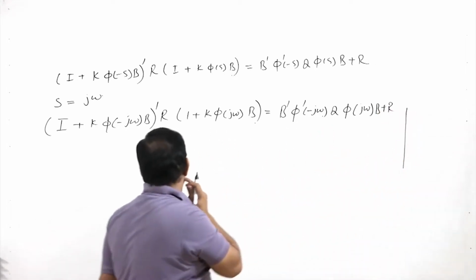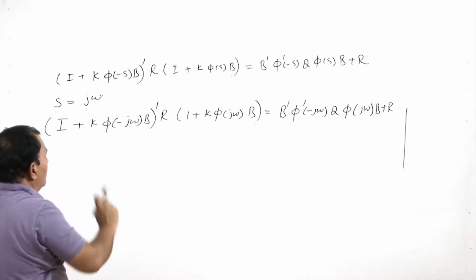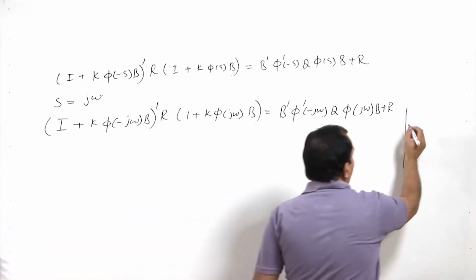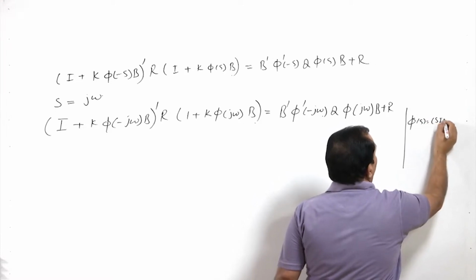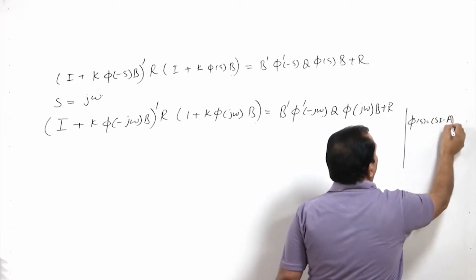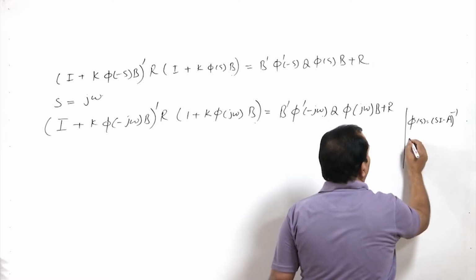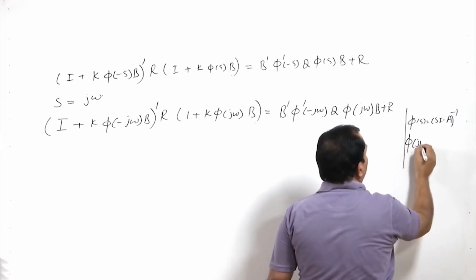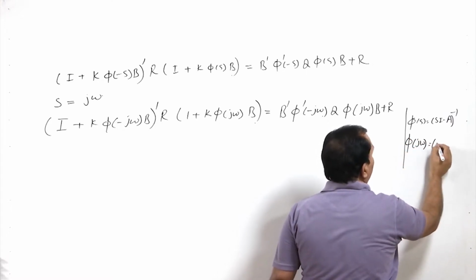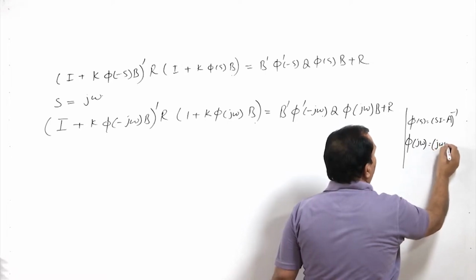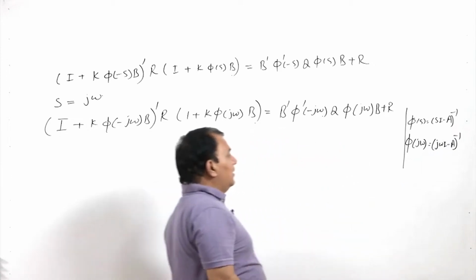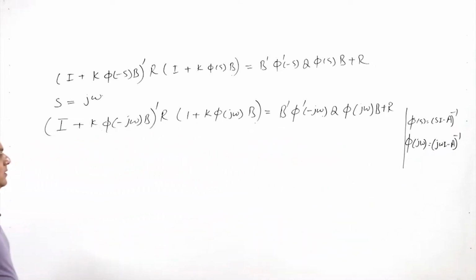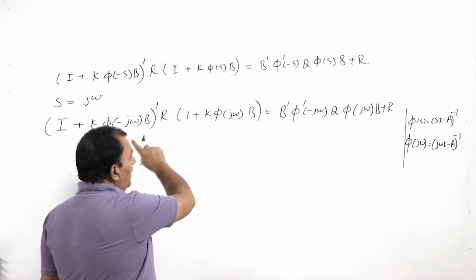So, here what is Φ(s)? If my Φ(s) we are taking as (sI - A)^-1, then Φ(jω) means (jωI - A)^-1. So, I have replaced this.